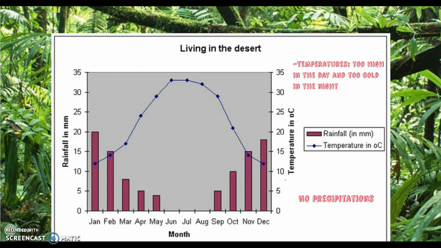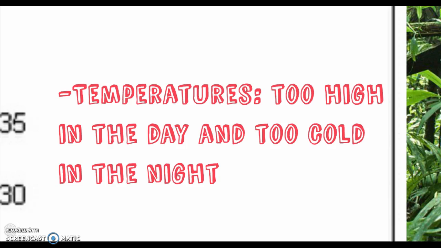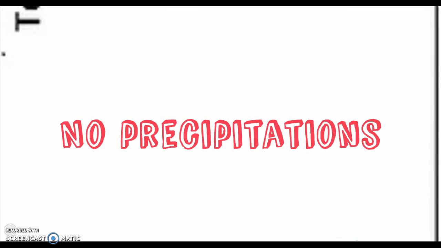So there is a very high difference of temperatures in only one day. As you can see, temperatures are too high in the day and too cold at night. But according to precipitations, there are no precipitations in the desert climate.